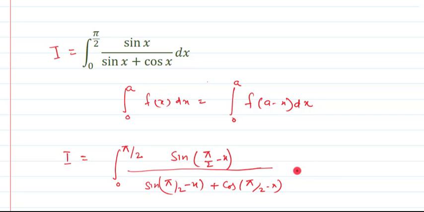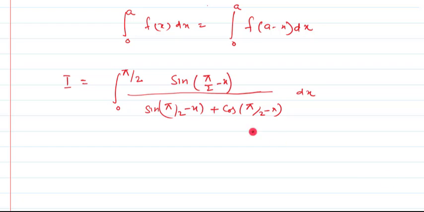So what does it mean? It means we need to change x into a minus x in every term of the integrand. Now we know very well that sin(pi by 2 minus x) is cos x and cos(pi by 2 minus x) is sin x. So let us change it.